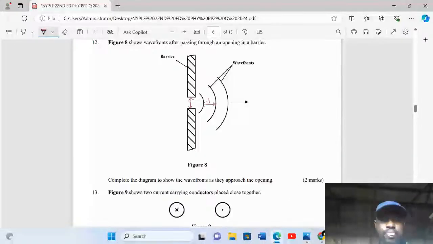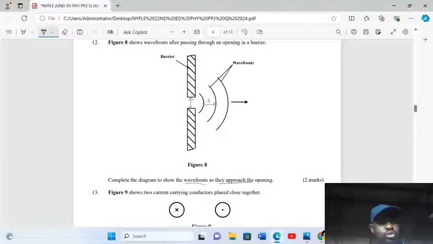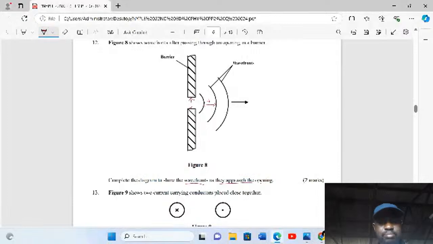Therefore, in this case, we are told to complete the diagram to show the wavefronts as they approach the opening. You also need to know the concept that is being tested.